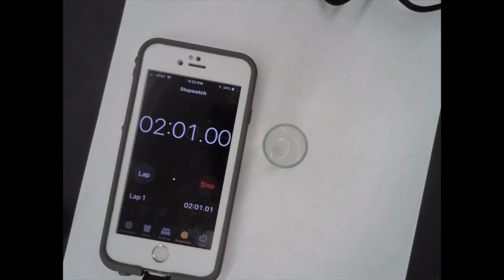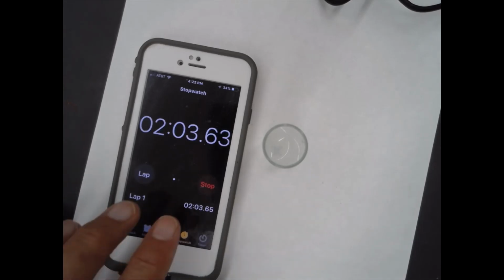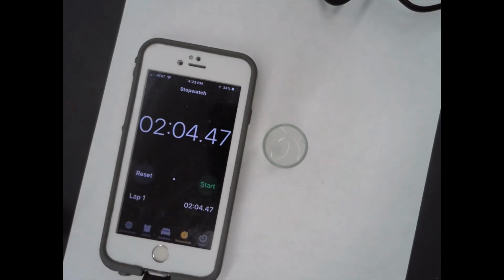And there it is. We can no longer see it. 2 minutes and 4 seconds. It in fact has slowed the reaction down.